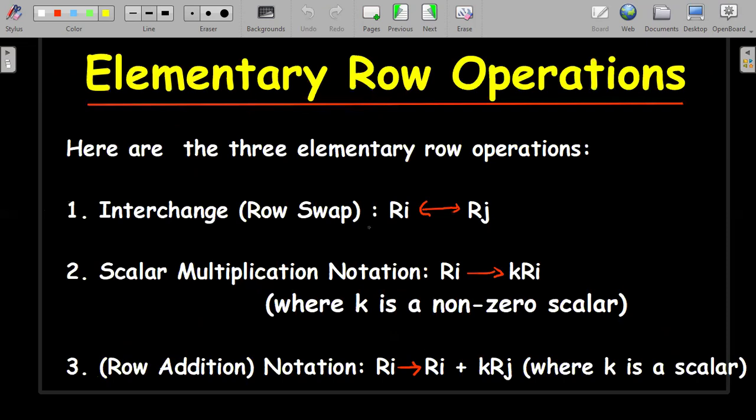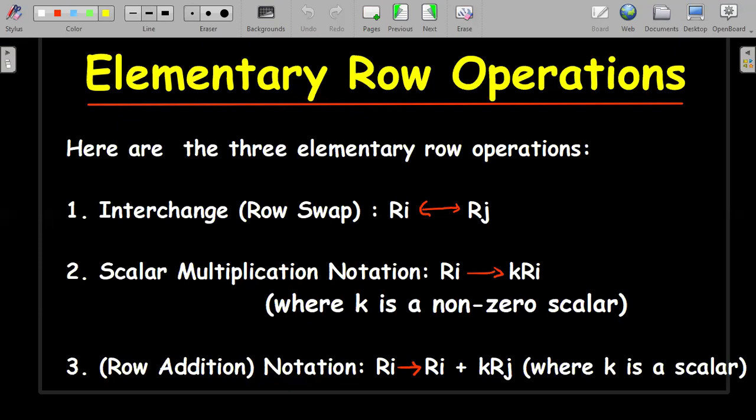All right, so sometimes you are given a matrix which is not in row echelon form, as well as not in reduced row echelon form, and then you are asked to put it in row echelon form. So what do you do in such a case? You have to use what we call the elementary row operations.